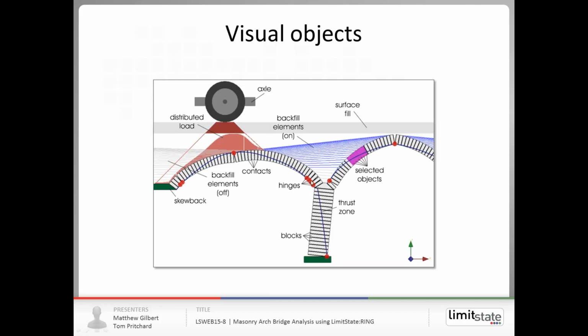And we can see the hinges shown in red. We can also see that we have backfill elements that are highlighted in blue where those are actually being mobilized, and they're in gray when they are not being mobilized. And the way it works is that the software models passive resistance, but it neglects active pressures, which are generally very small in comparison. And then we've also got other elements. So, for example, a surface fill can be modelled separately with a separate angle of dispersion, and then above that, the axle.